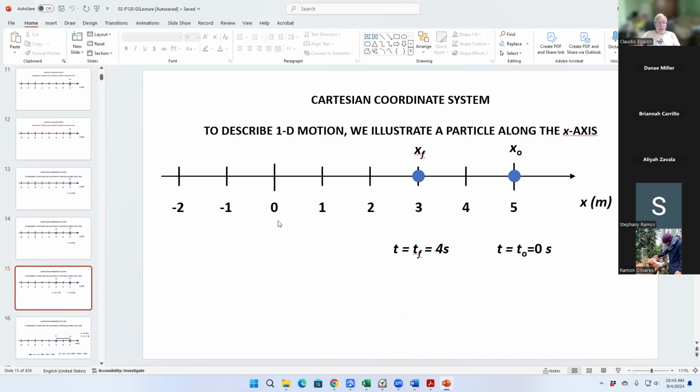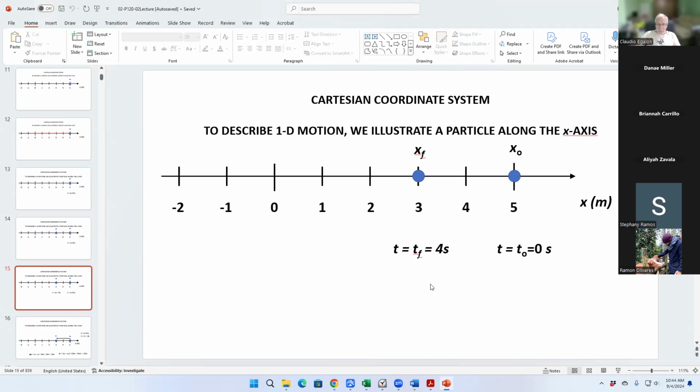So here we have two different positions, the initial position and the final position, the primary definitions, right? And here we have one of the basic quantities, time. One is at time t equal to 0, the other at time t equal to 4 seconds.